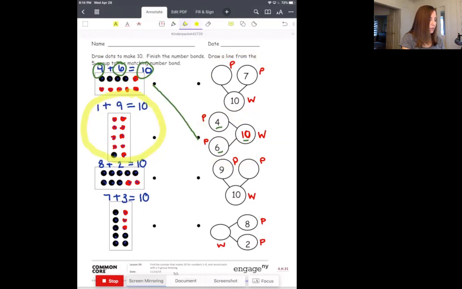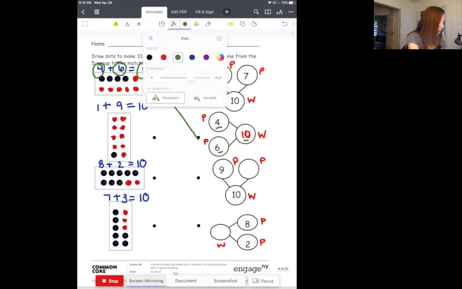Well, let's see if this works. In our 1 plus 9 equals 10 equation, the 10 is the big number. Does this one have 10 as the big number, the whole number? Yes. And if 9 is one of the parts, that means the last part must be 1. I hope you said 1. Good. We're going to add that right on in.